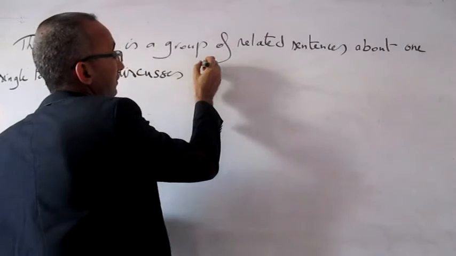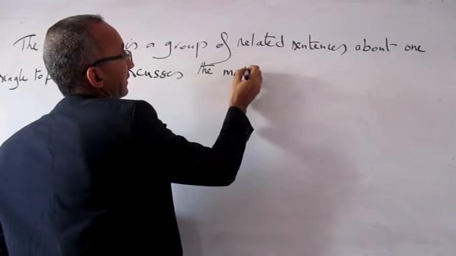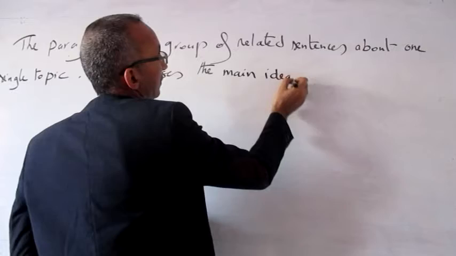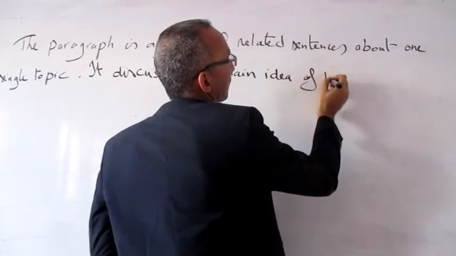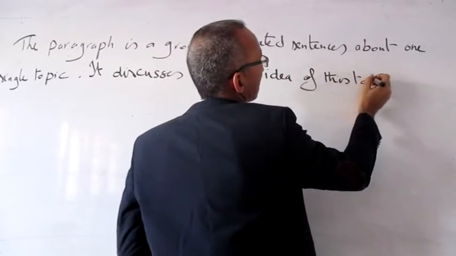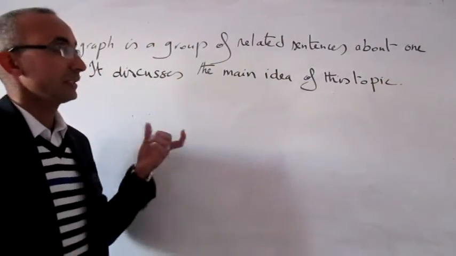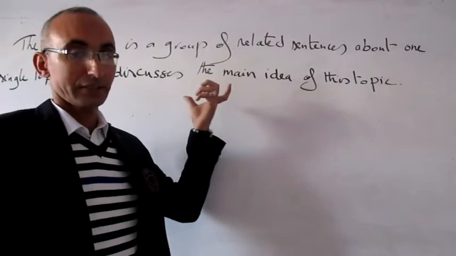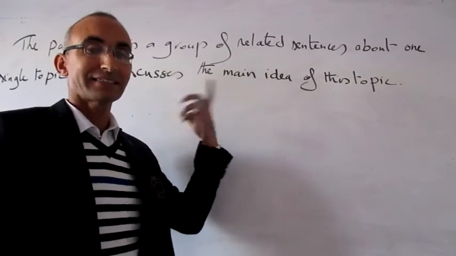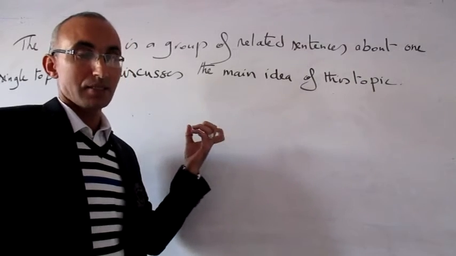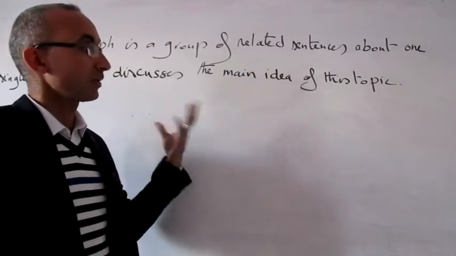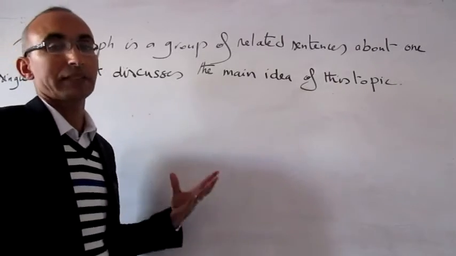And also it discusses, this paragraph discusses the main idea within the topic. So the key constituent is the sentence. And of course, when we have many sentences, they must be related in terms of meaning, to develop that topic coherently.